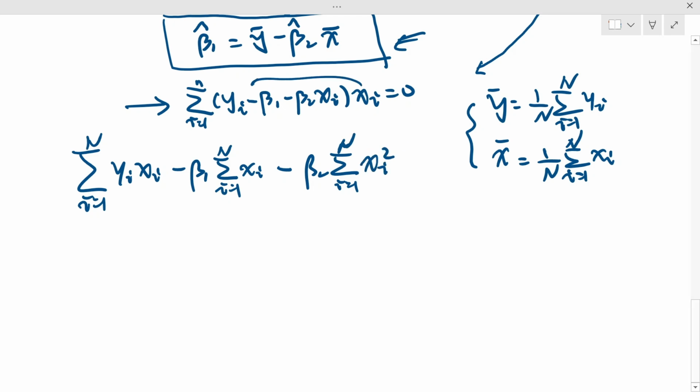We multiply this inside, and it is equal to 0. We know that beta 1 is equal to y bar minus beta 2 x bar, so let's plug this one in.